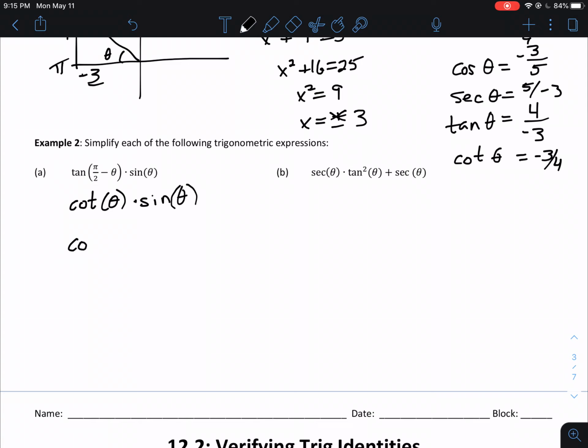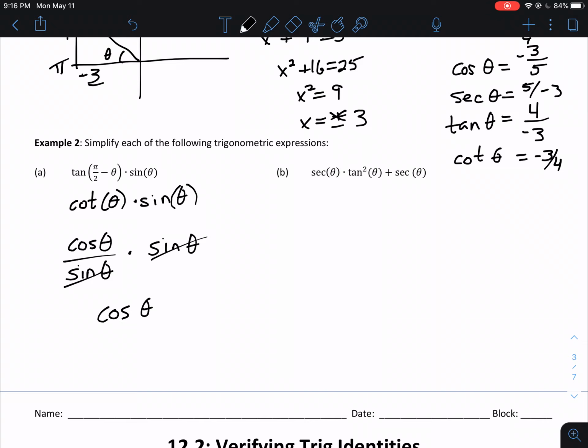So cotangent of theta, we're now going to rewrite as cosine of theta over sine of theta, multiplied by the sine of theta. And now you can probably see something we can do to simplify, which is that we can divide out sine of theta divided by itself. And so we're able to simplify this all the way down to a single trigonometric expression, which is cosine of theta.